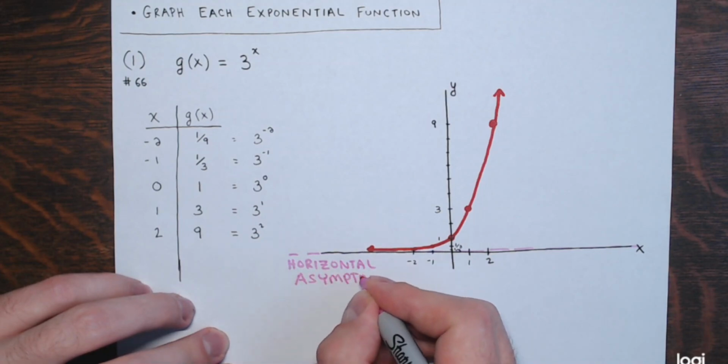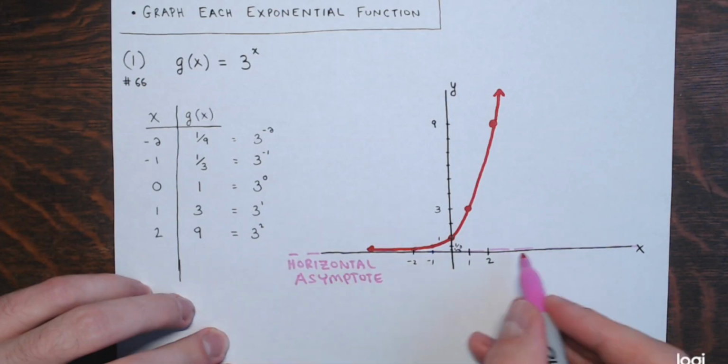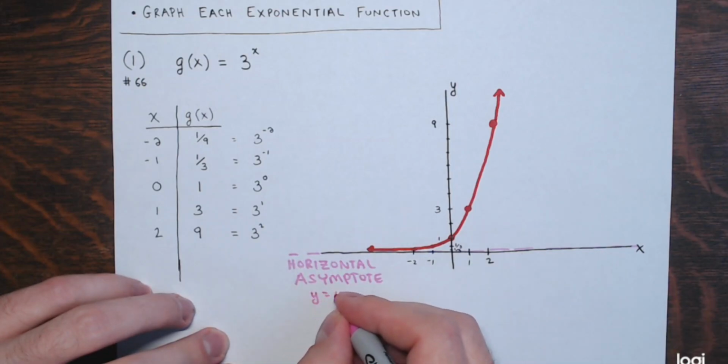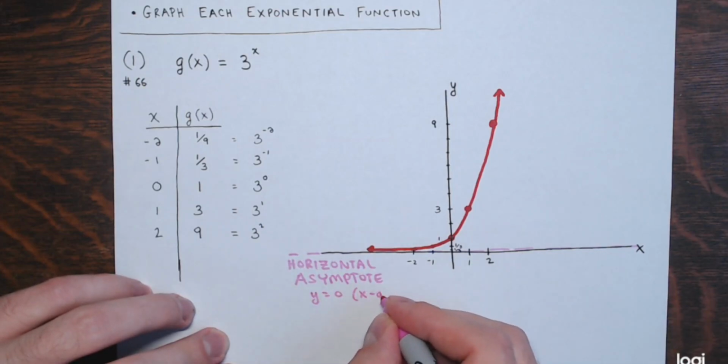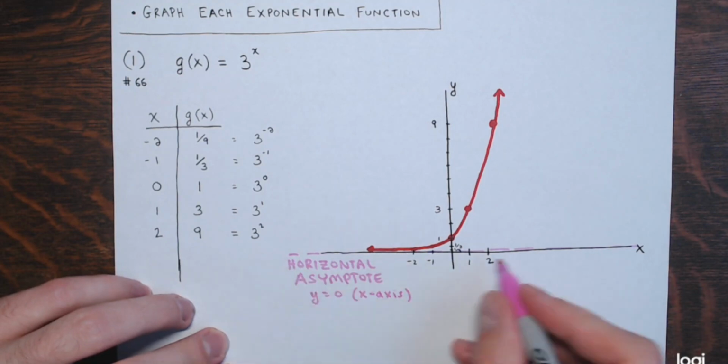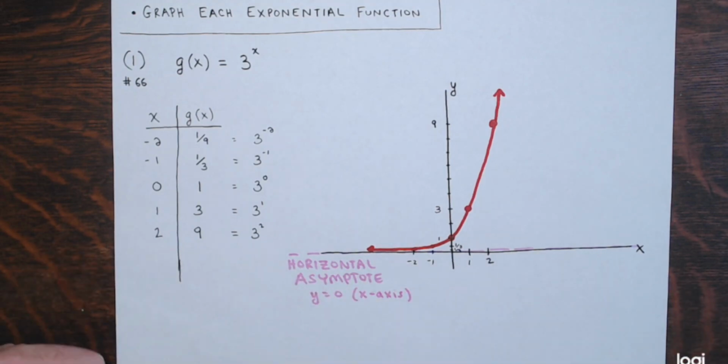It's just a horizontal line, which is y = 0 here, the x-axis. It's just a horizontal line that the graph will approach but never actually become. The graph gets closer and closer to it as we move to the left, but it never actually touches the x-axis.